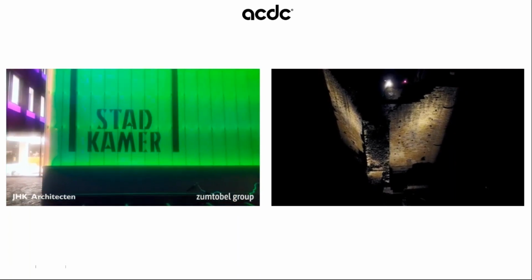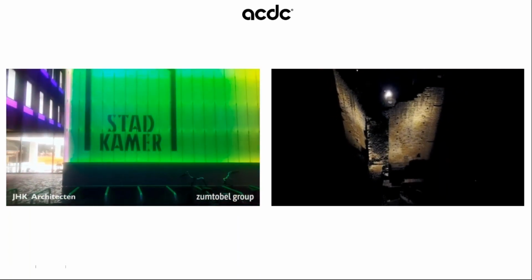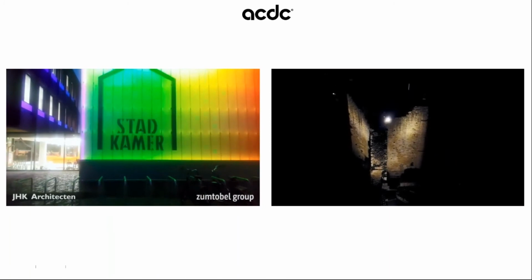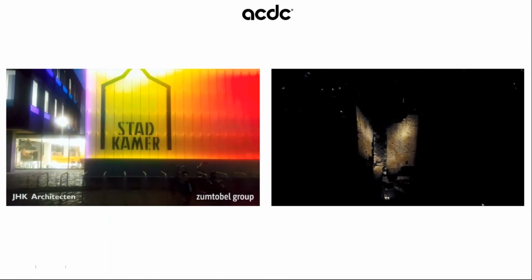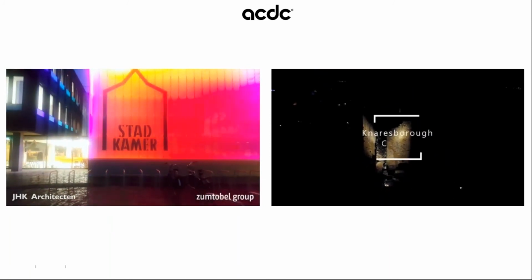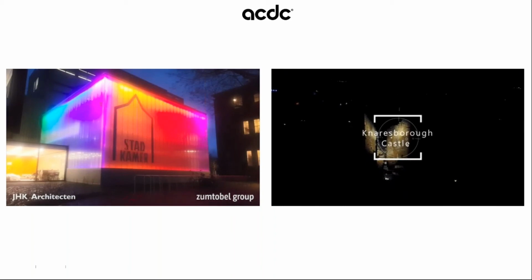There we go. You can start to see here on the left-hand side, we've got color change. This is a community building, a central building. On the right-hand side, this is about using 7 or 8 fittings, and that's all.